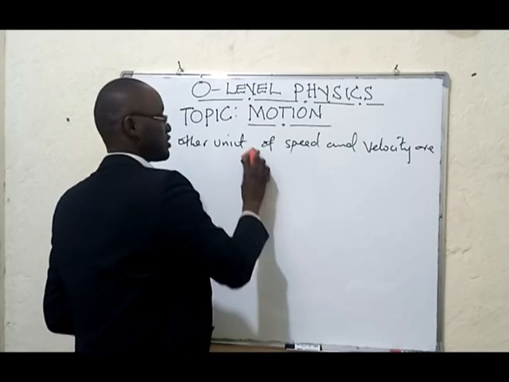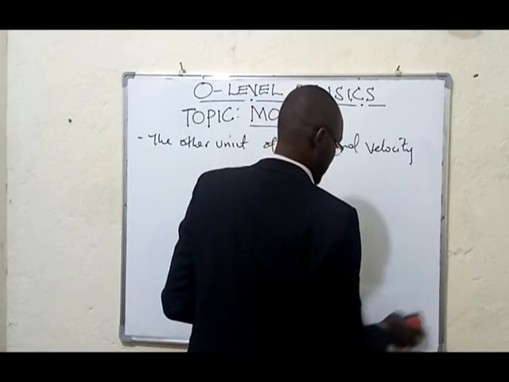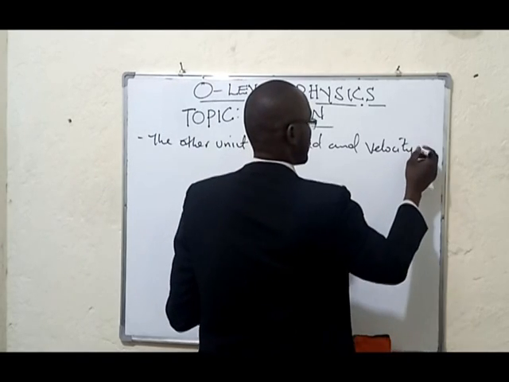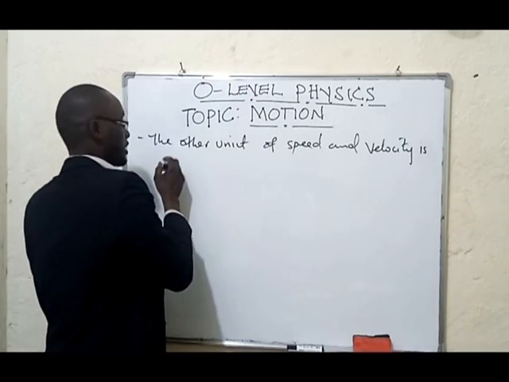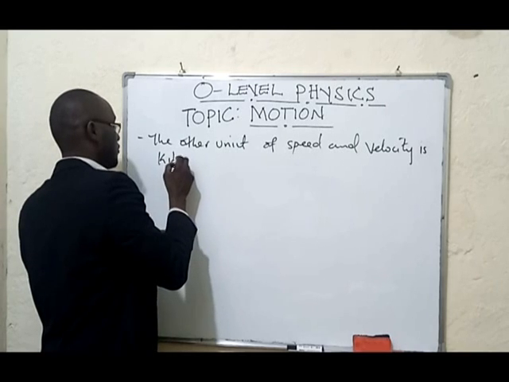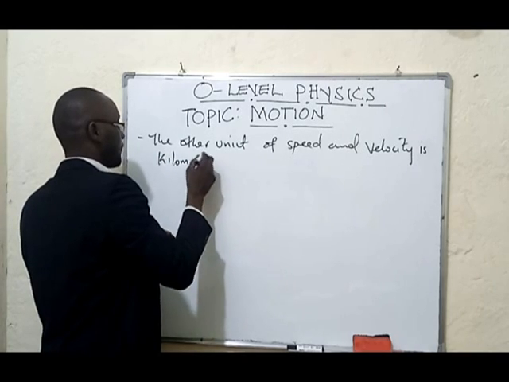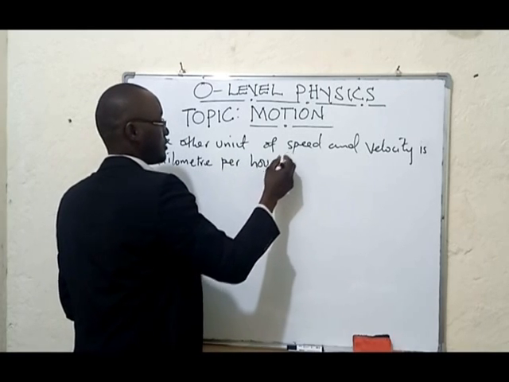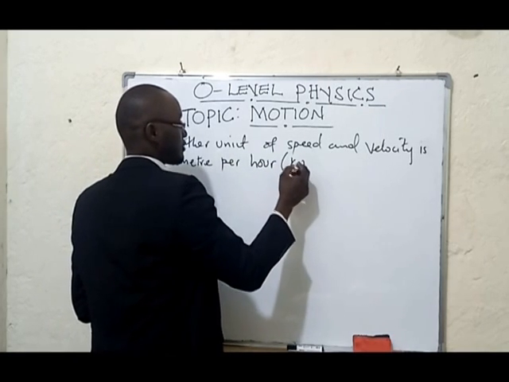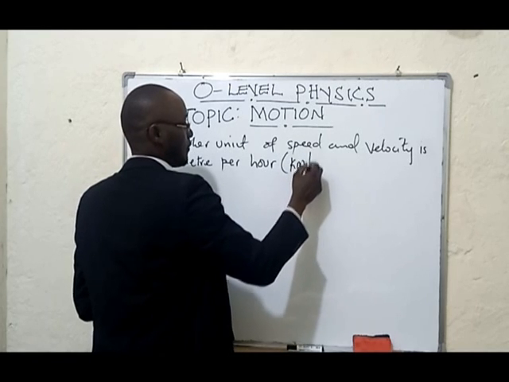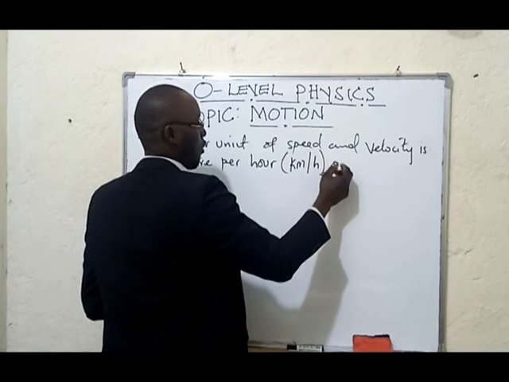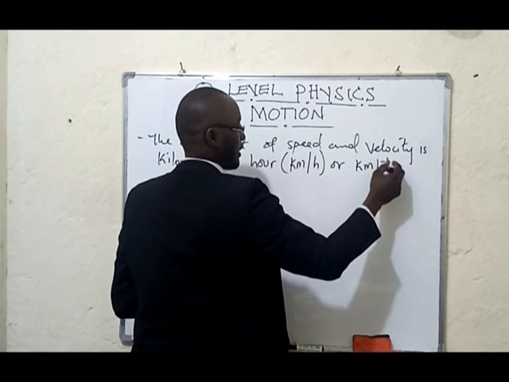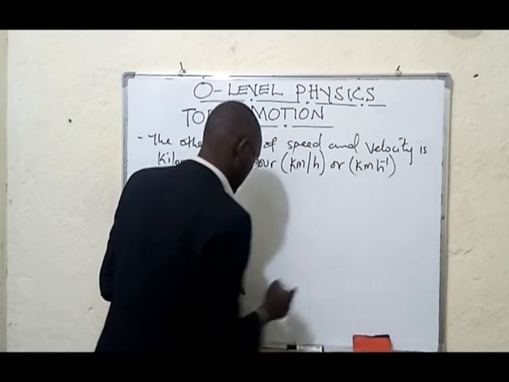So the other unit of speed and velocity is kilometer per hour. So this is kilometer, small k, small m, then per hour. Or we can write it as kilometer power -1. So that is the unit.